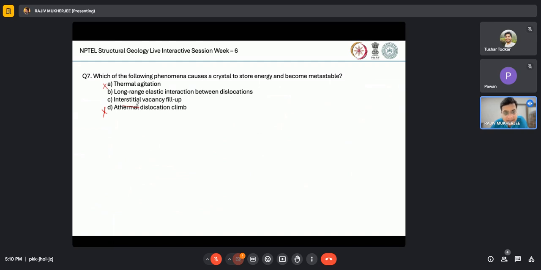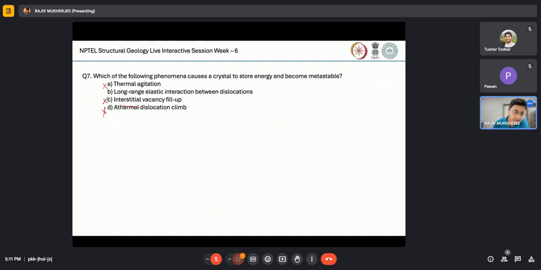If there was vacancy, and without any filling up using an external atom or doping, the material would have remained in a metastable thermodynamic condition. But filling up the vacancy will eventually lead it to the equilibrium condition. So this is also not an option in this case, right?